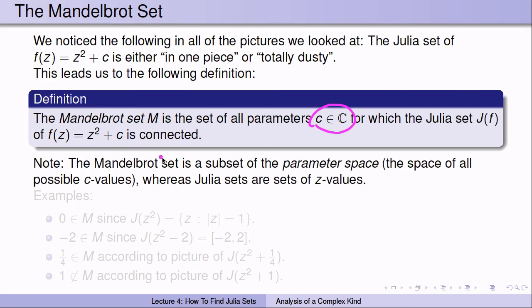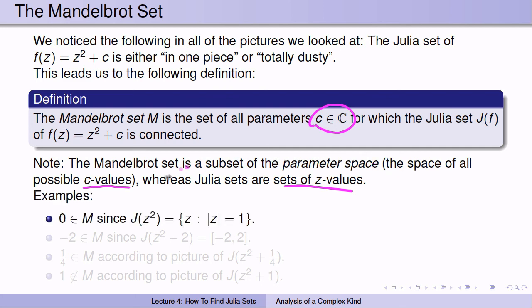In other words, the Mandelbrot set is a subset of parameter space, the subset of c values, whereas Julia sets are always sets of z values. They're both contained in the complex plane, so this can get a little confusing. But the Mandelbrot set, you should think about as a set of parameter values. Whereas for the Julia set, you fix a parameter value c, and then look at z values and find out which of those z's remain bounded under iteration, which ones go off to infinity, and where's the boundary in between.